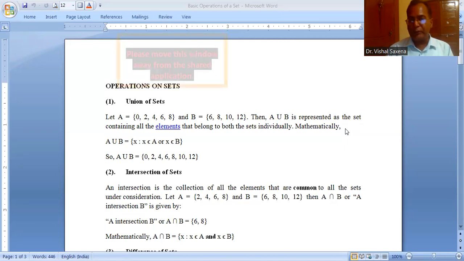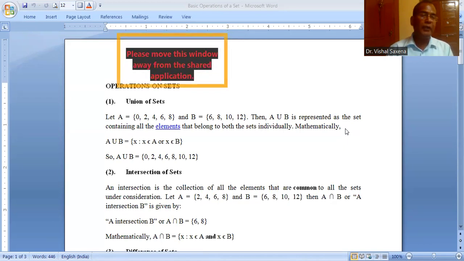So A ∪ B shows the union of two sets, A and B, where it is a set, a collection of the elements x, and element x can lie in the set A, so x belongs to A or x belongs to set B.